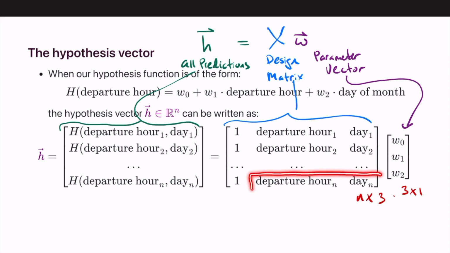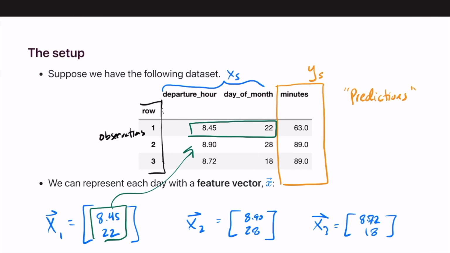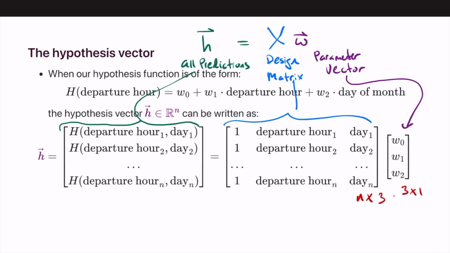And we have, of course, departure hour n and day n, which corresponds to our nth observation. And what do we have here? We have our observations 1, 2, and 3, and we have our feature vectors, which are, in this case, 8.45 and 22, which is this feature vector right here. So really, in the design matrix, everything besides these ones is just a feature vector.